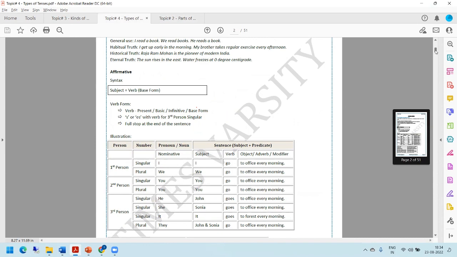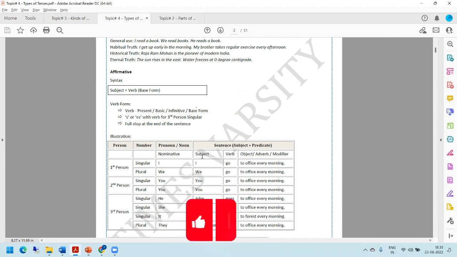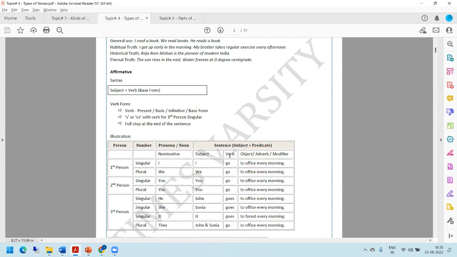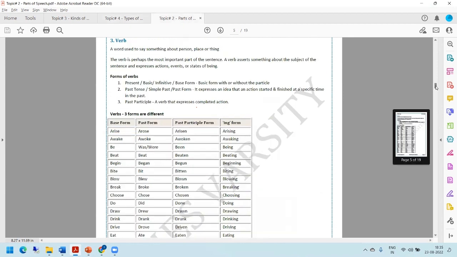Now look at some examples. First person singular, I. Let's take one sentence: I go to office every morning. In this sentence, I is the subject, go is the verb, and the first form of the verb is used.